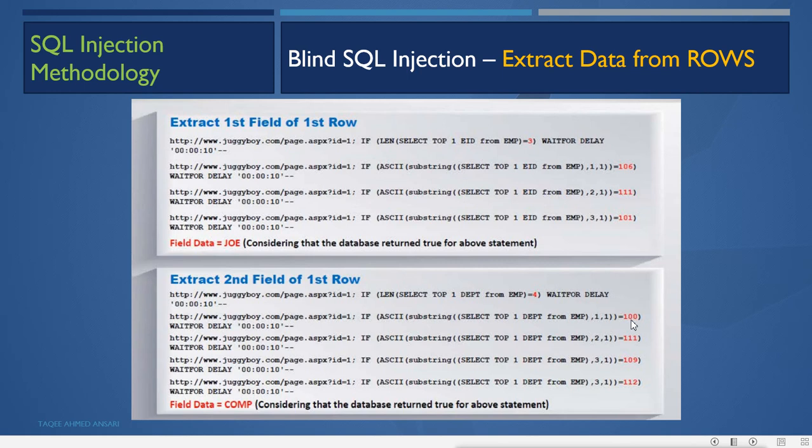So what is the name in the second row? It will try all the possible values of these Unicode characters. And if the field data is COMP, then these queries will return true, where we have 100, 111, 109, and 112.